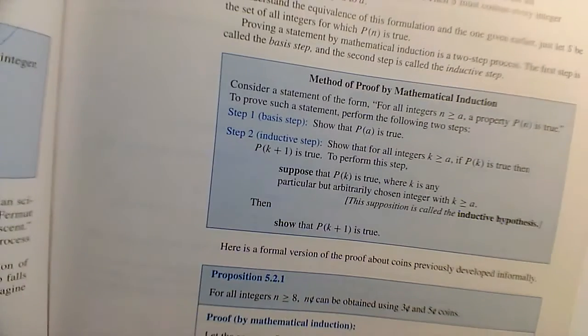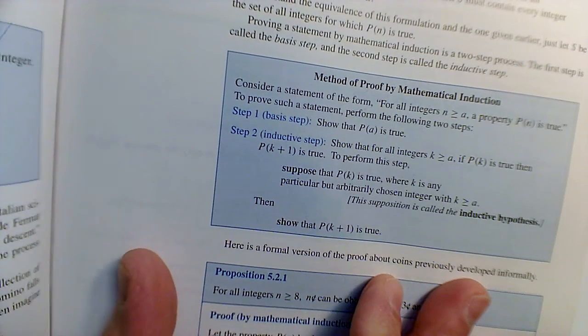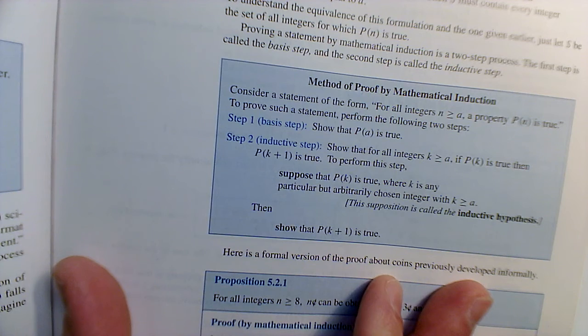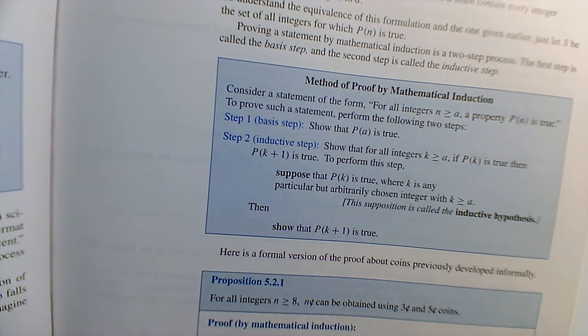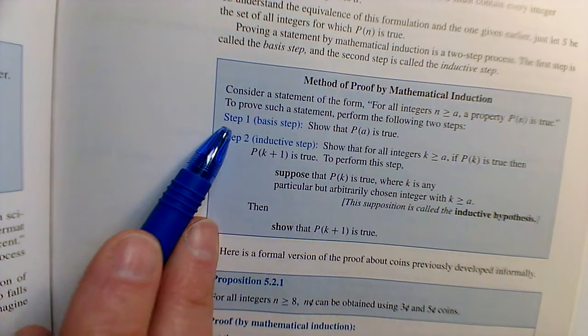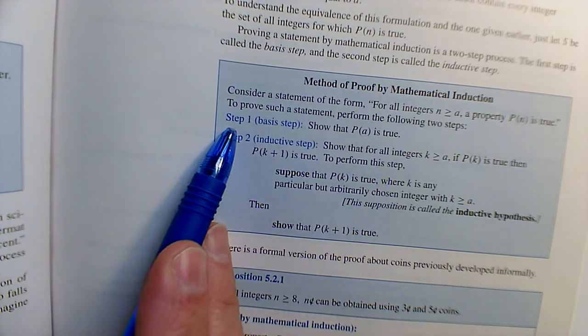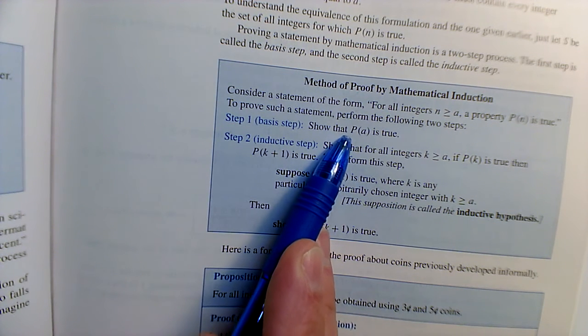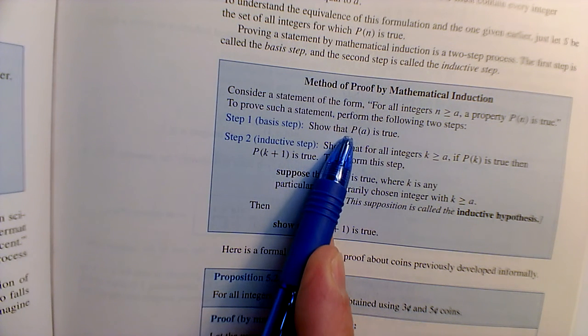The way we tackle these proofs is shown in the blue box on page 247. It's always a two-step procedure. We say we're going to be doing the proof by induction, and then we do the first step, which is called the basis step, and we show that the property is true for the very first one.